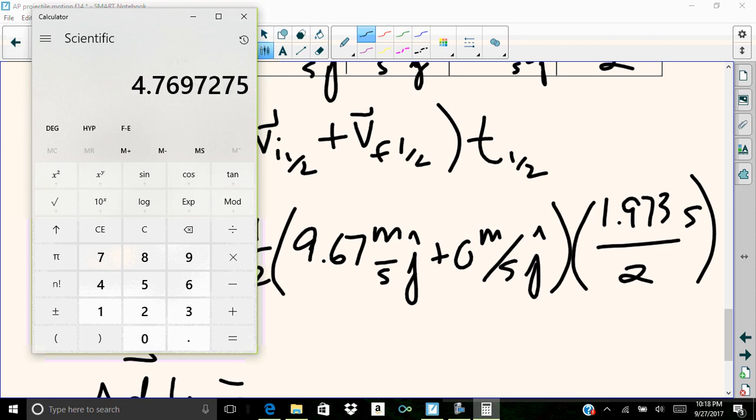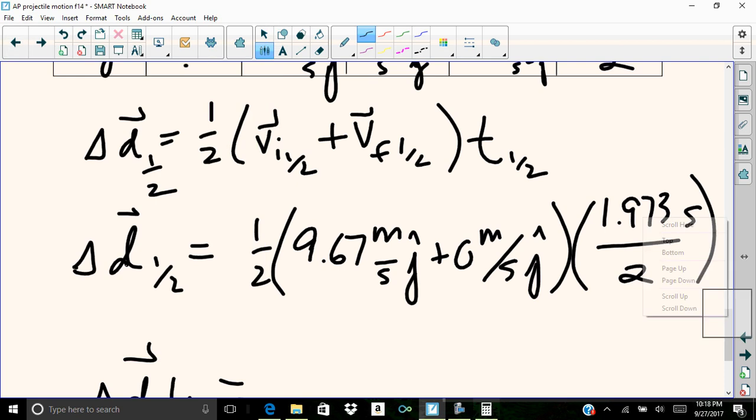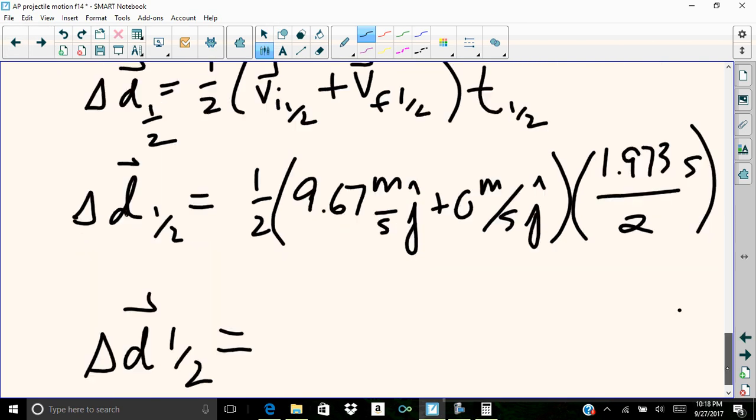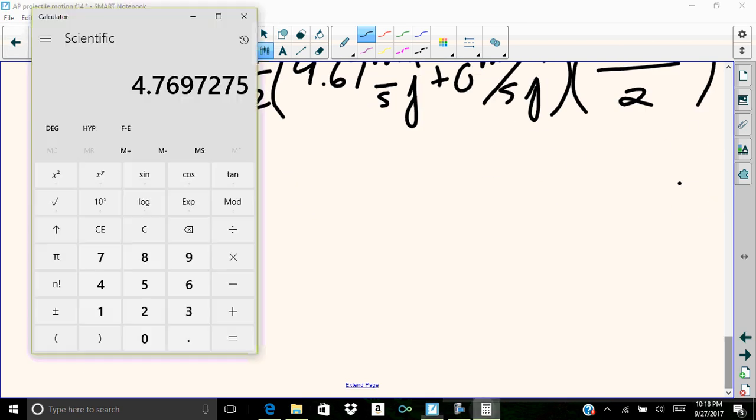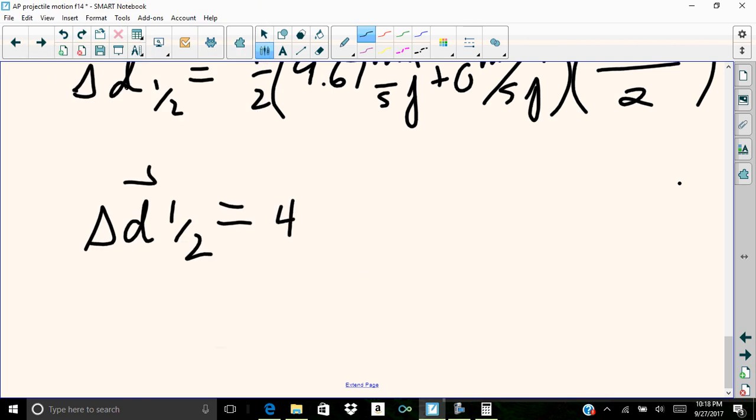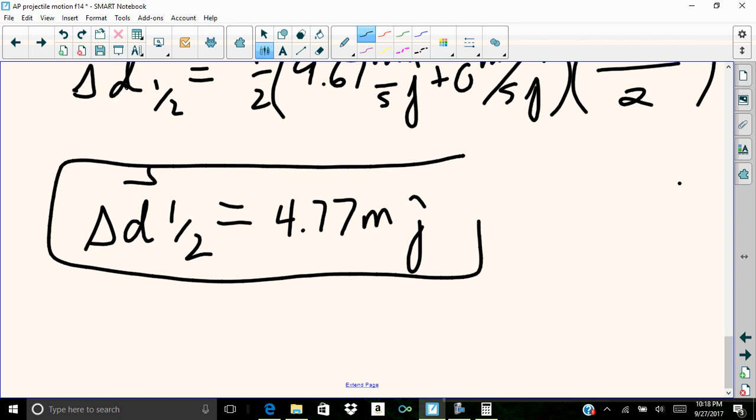And that gives me 4.77 if I use 3 sig figs, which is exactly what I need, 3 sig figs. So that's going to be, again, 4.77 meters j hat. So it reaches a height of 4.77 meters.